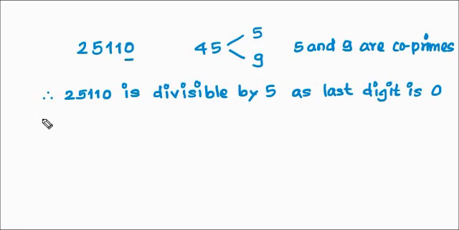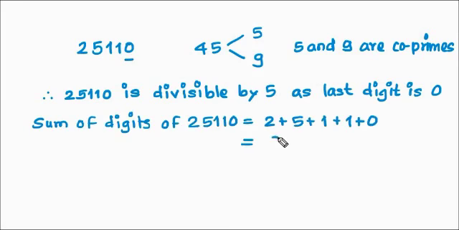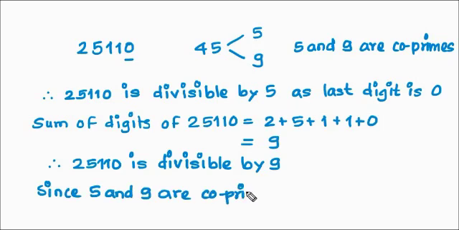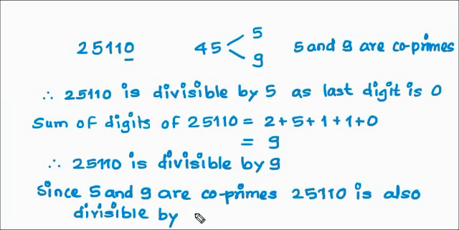So the sum of digits is 18, divisible by 9 and therefore, now we know it is divisible by 5, it is divisible by 9, and using the rule, since 5 and 9 are co-primes, their product is multiplication. So it is divisible by 45.